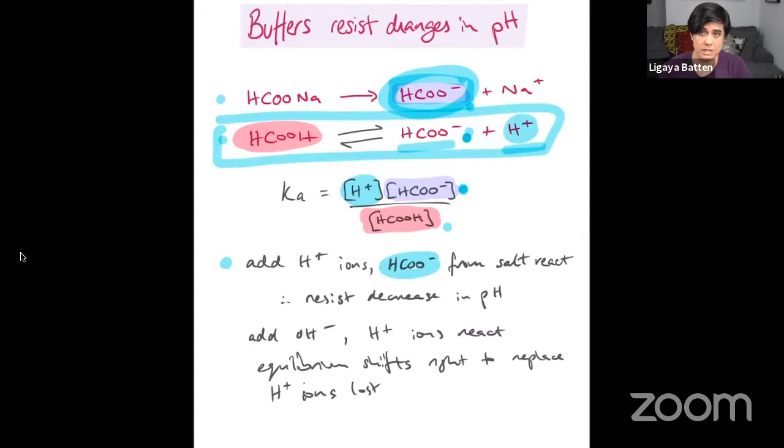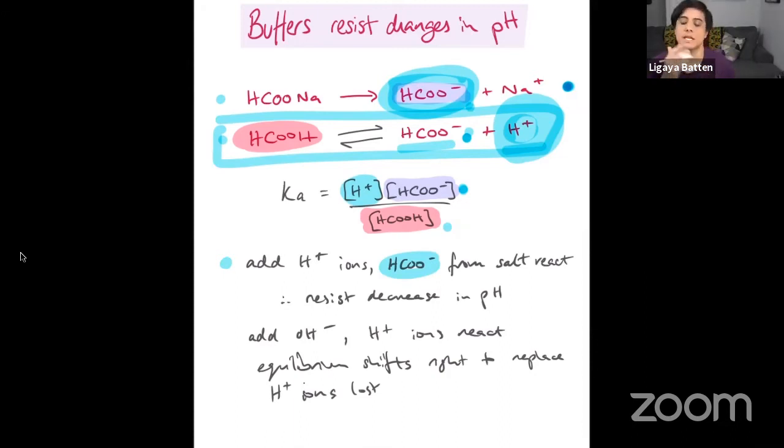which is what is going to affect the pH, because we're focusing on how this change affects the concentration of H plus ions. So if we add H plus ions, but there's no salt solution, then of course the pH is going to decrease because we've added more concentration of H plus ions. But because we have the salt solution there, the conjugate base ions, the A minus ions, react by mopping up those extra H plus ions that have been added.